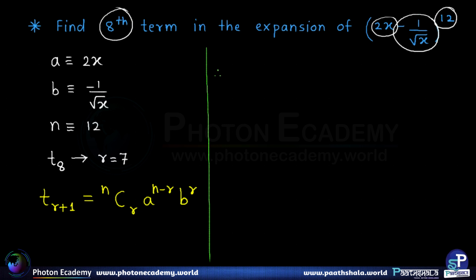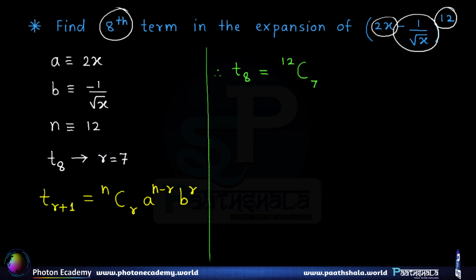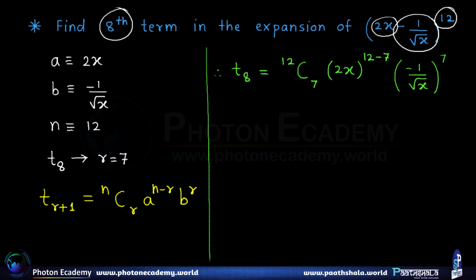So therefore in our case T8 will be given by n is 12, so we have 12c7, r is 7, then a stands for 2x raised to n minus r, that is 12 minus 7, into b, which is minus 1 upon root x raised to r, that is 7. That's it. We have to merely simplify this.